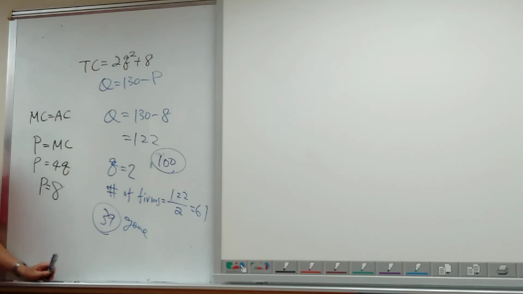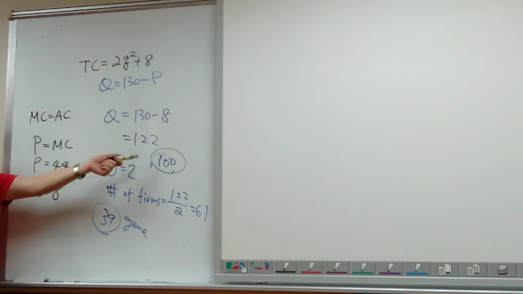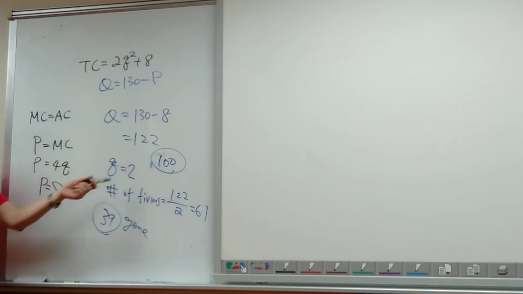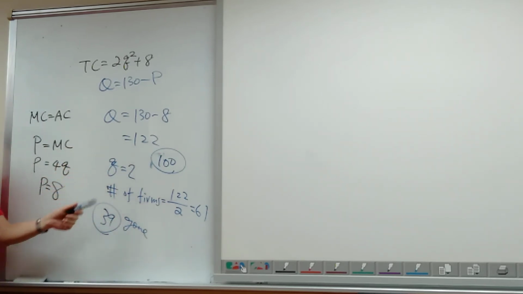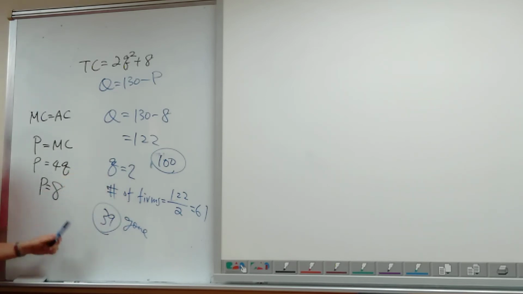So 39 firms have to get out of the market because it's not efficient for so many firms, 100, to be in the market; in the long run you have to make adjustments. So the production level is equal to 2, and the price will be equal to 8. Okay? Questions?